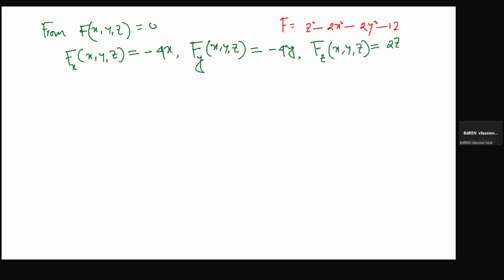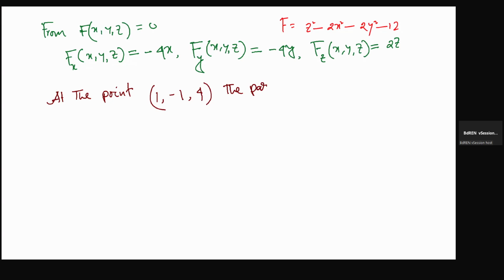Okay, so what was the point we were asked to determine the tangent plane at? What was the point? Can anybody tell? At the point (1, -1, 4), it was given.